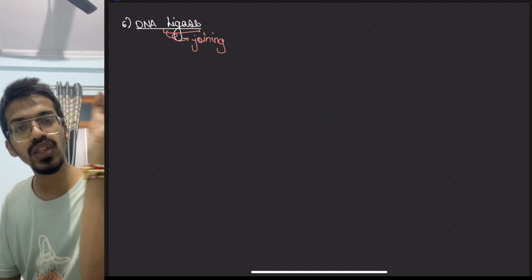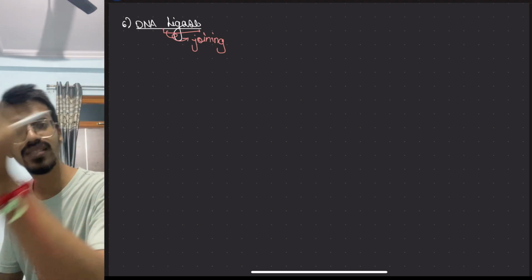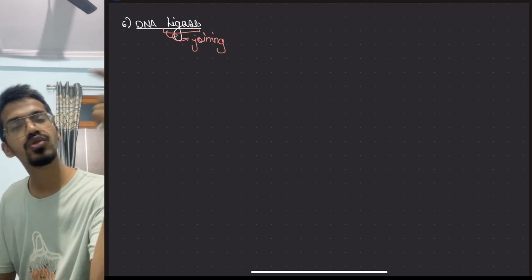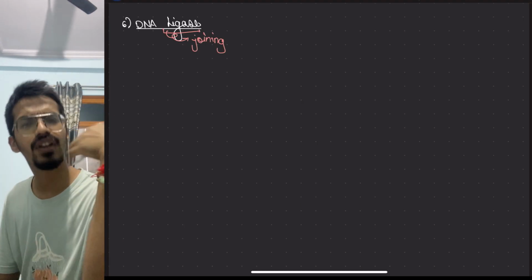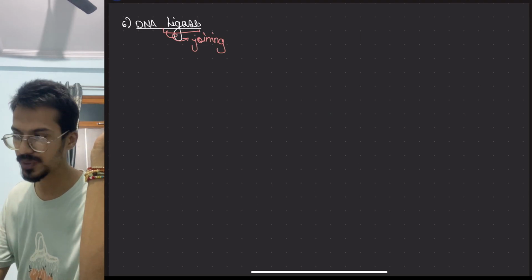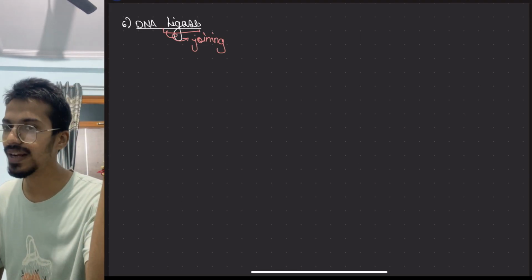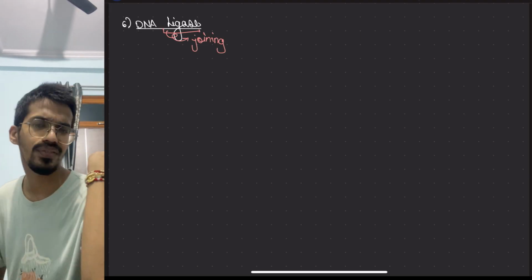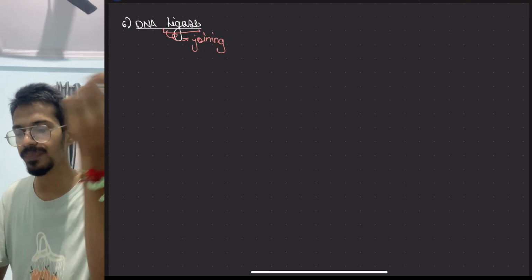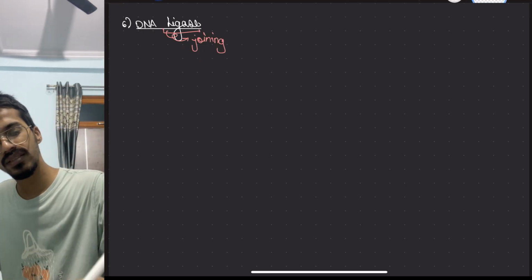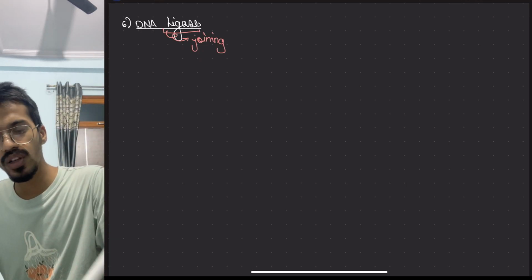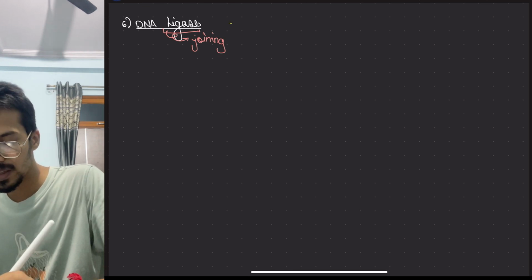We have to join those cuts because DNA is a continuous strand, right? Those fragments are called Okazaki fragments. We will learn it, don't worry. Later on you will understand this.